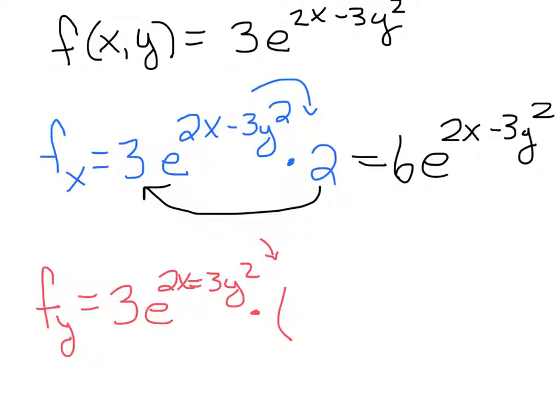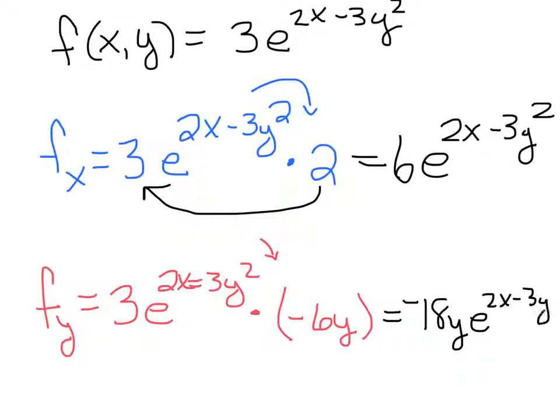We're not going to write anything. Then minus 3y squared. What's the derivative of that? Minus 3 times 2 is minus 6. y to the 2 minus 1 is 1. And you are done. You can rewrite this one as well. 6 times 3, negative 6 times 3, negative 18y. And then the exponential e to the 2x minus 3y squared.